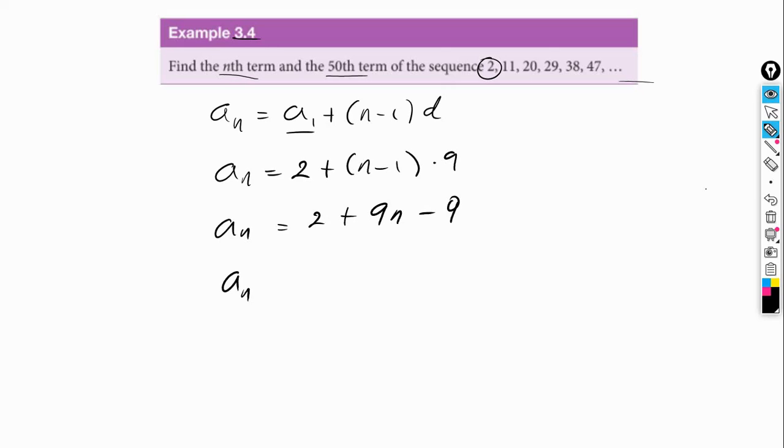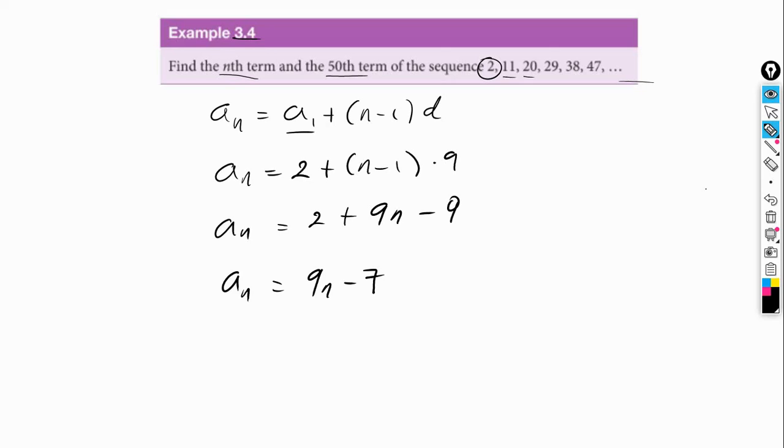So the nth term would be 9n minus 7. So 9 times n minus 7 would give us any term, and you can test it. 9 times 1, which is the first term, minus 7 is 2. 9 times 2 is 18, minus 7 is 11. 9 times 3 is 27, minus 7 is 20, etc. So it generates the sequence.